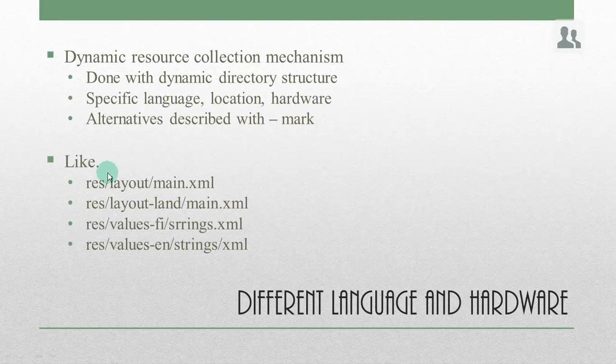It will look like this: if you have a resource for the portrait and landscape modes, and for different languages the string values are there, then your structure will look like this. Inside the resource folder the layout is there. This main.xml file addresses the portrait mode of your layout, and the layout-land/main.xml file is the layout when my application is running in landscape mode.